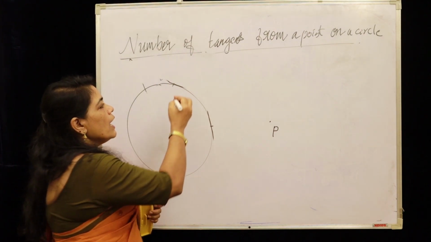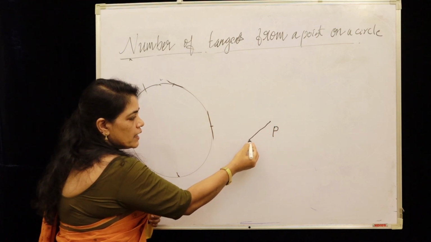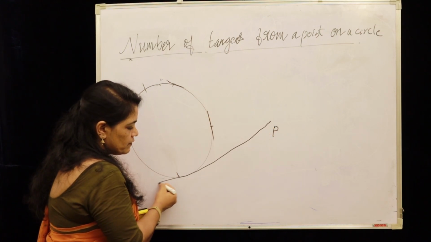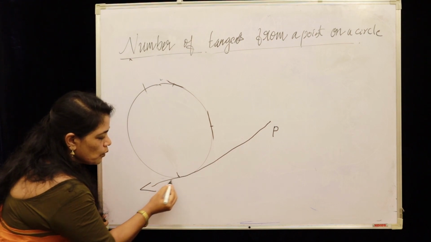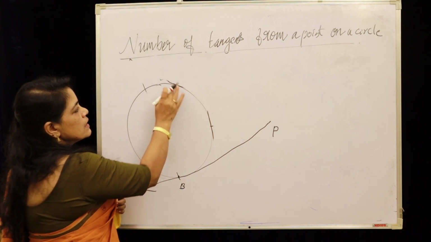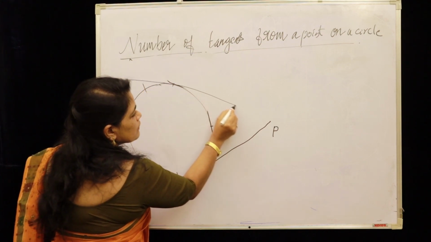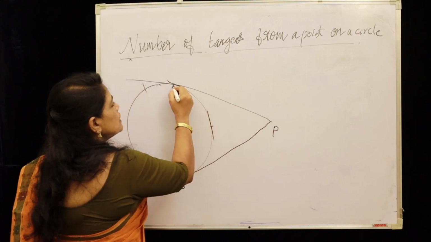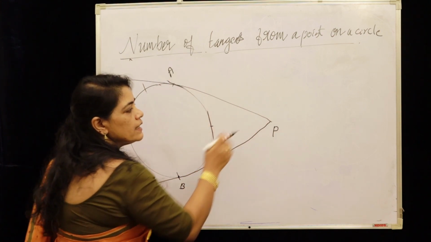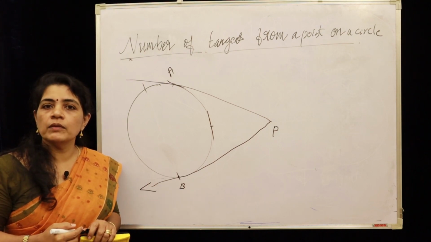From this point, you can draw a tangent which passes through the point B. Likewise, you can get another tangent which passes through the point A and the external point P. No other tangents can be drawn.